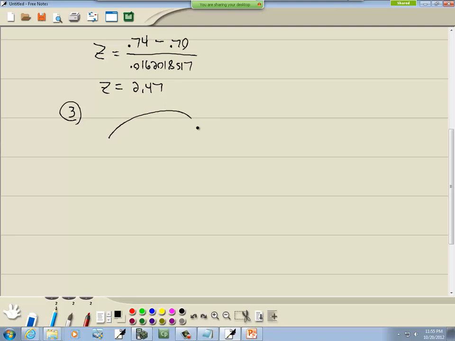Now our picture. Remember, our picture is we're shading to the right, like this. Well, that's no good for the tables in the back of the book, so we have to do 1 minus, and then z is equal to 2.47, the area to the left.